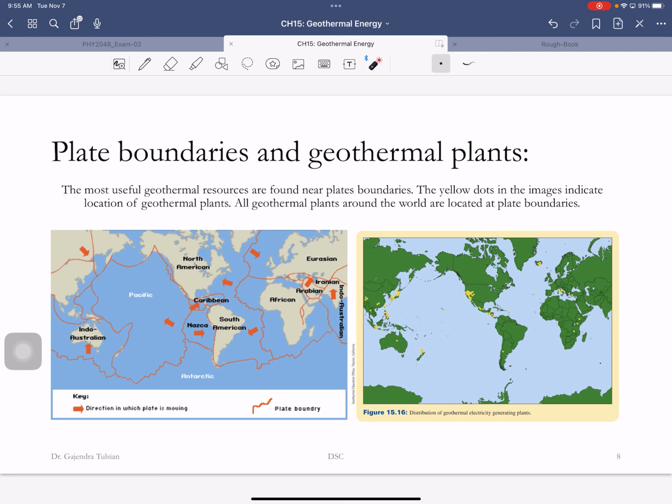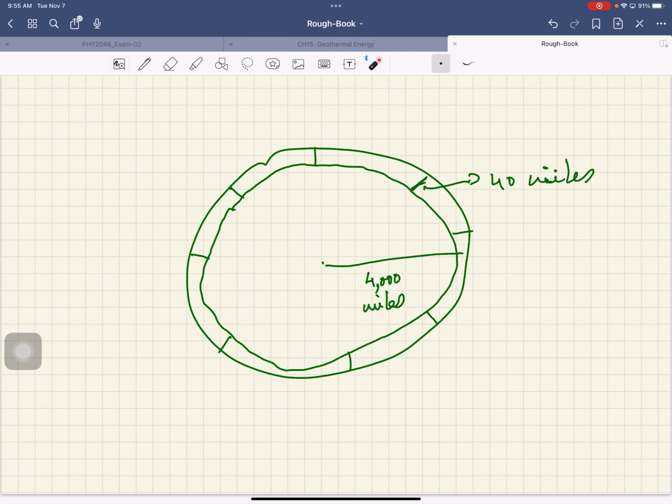All right, so going back to the plates. These are rigid plates that are broken up, and they're about 40 miles thick. What's happening is, as you go deeper, all the weight of this increases the pressure, and so just below the plates, there's a layer of rock that has become plastic.